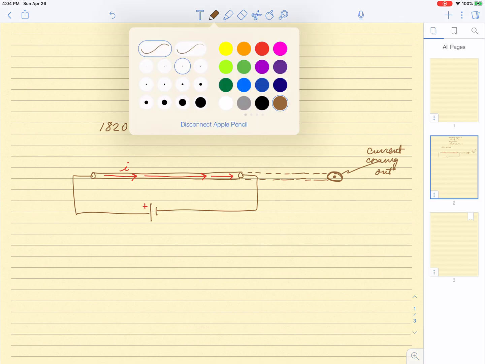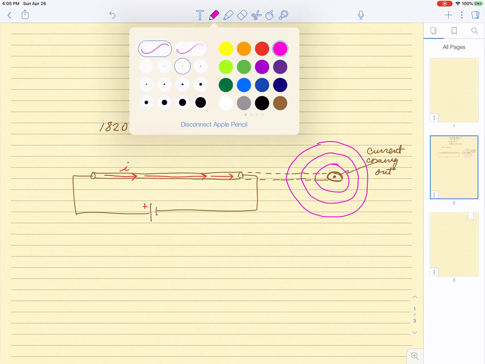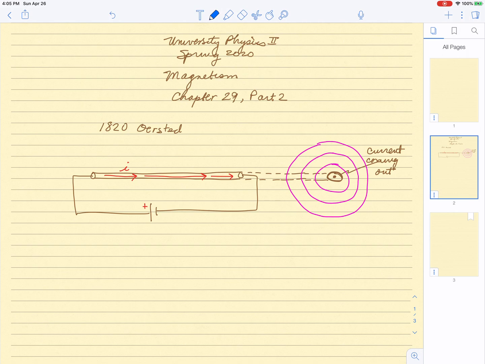And what Ørsted noticed, and what you noticed, I hope, was that if you looked at concentric circles around this wire, something like so, the compass needles looked something like so.